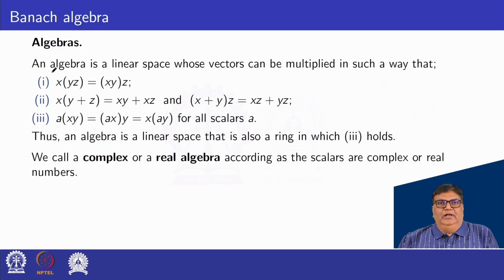Banach algebra. An algebra is a linear space whose vectors can be multiplied in such a way that if x, y, z are elements of the linear space, then it is defined that (xy)z equals x(yz), and x(y plus z) equals xy plus xz, and (x plus y)z equals xz plus yz.